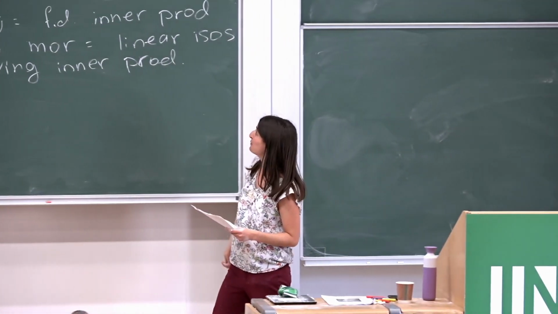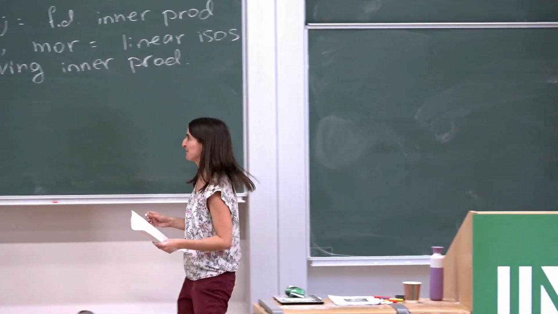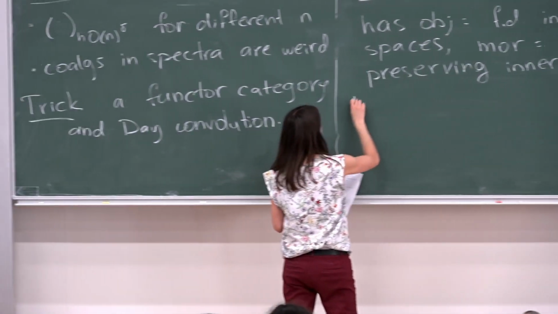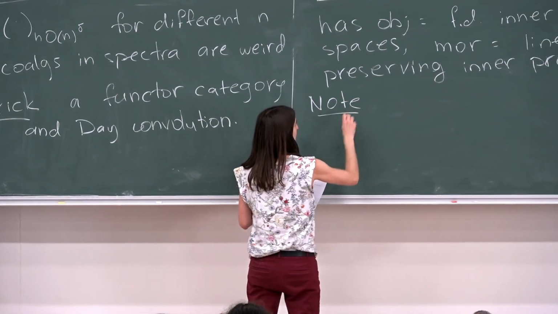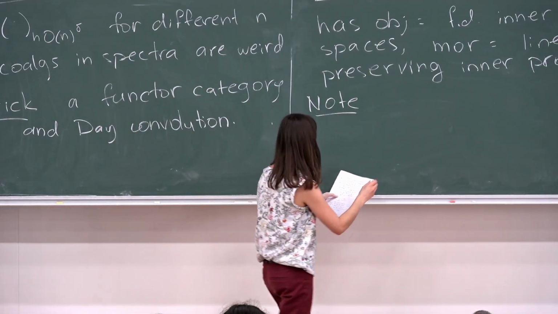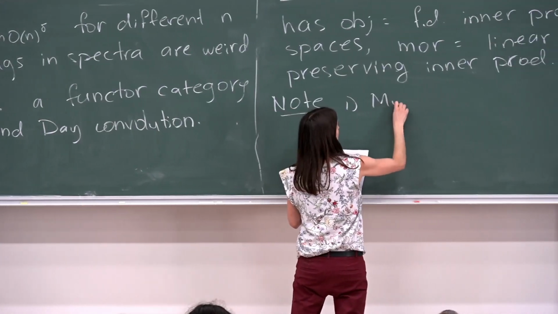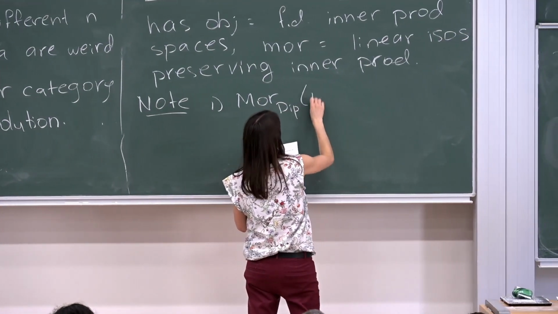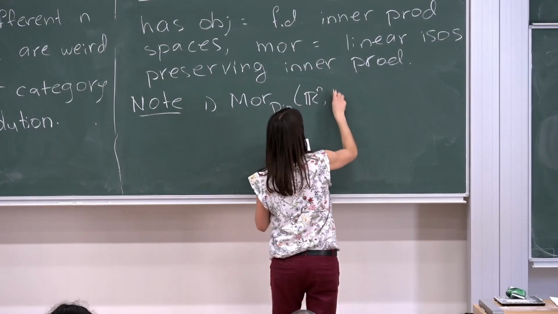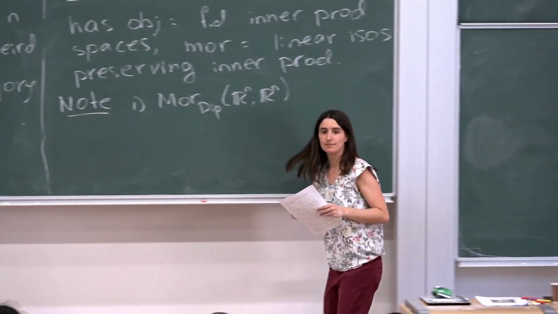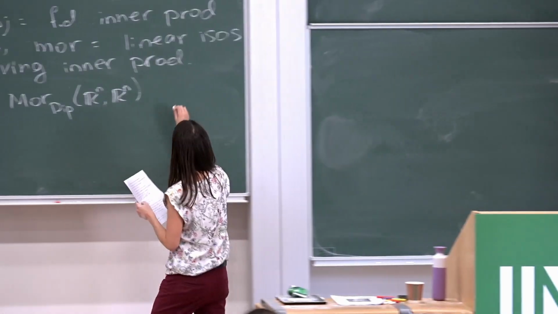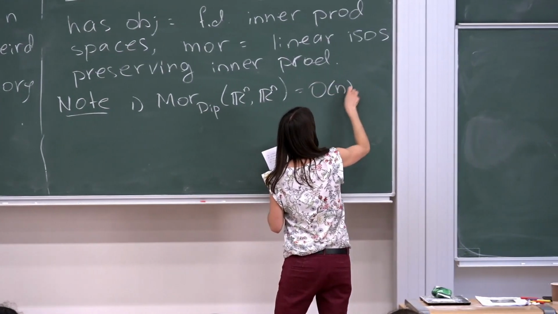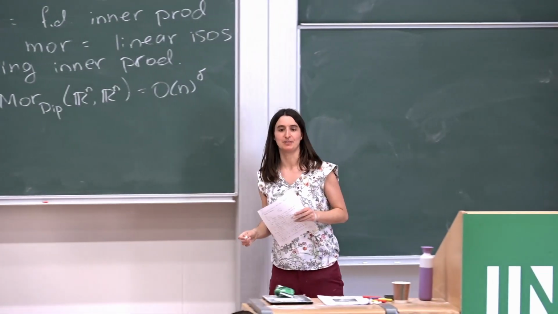So here are a couple of important things about this category. First thing is, if we take the morphisms from Rn to itself, we get On with the discrete topology.